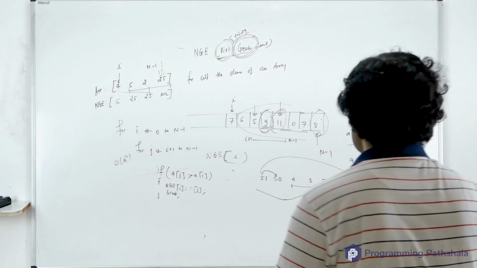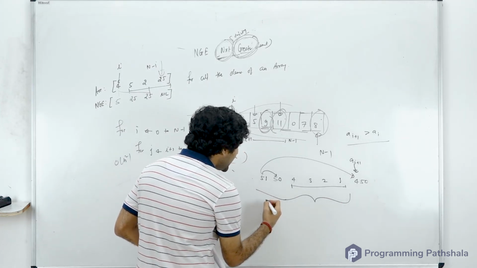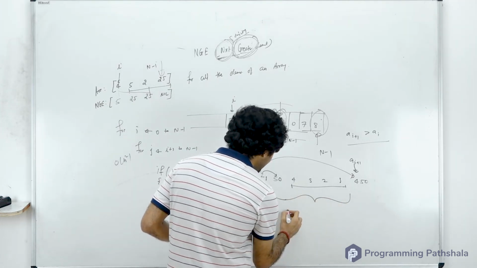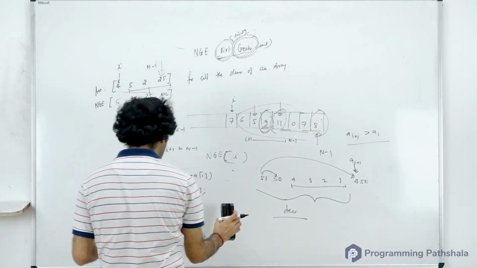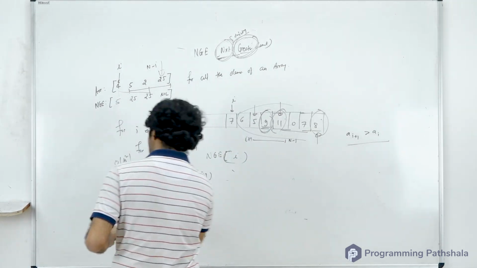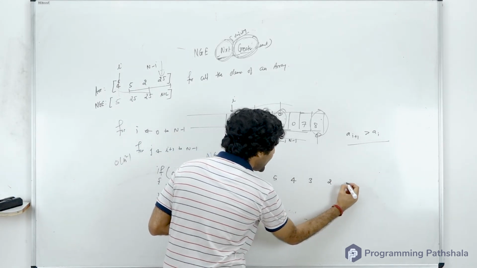So the point is, if I somehow maintained that the elements are in sorted order, in decreasing order, which was the case over here. So I had elements like 5, 4, 3, 2 and 1.